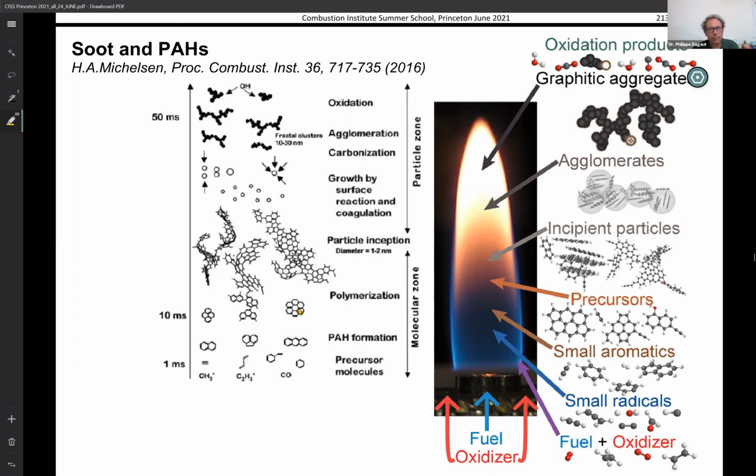and there will be a mechanism of polymerization that will occur in this region. You start to have particle inception, and then the diameter of this structure is around 1 to 2 nanometers. And then above, you have the formation of particles, and they are growing by surface reaction and coagulation.